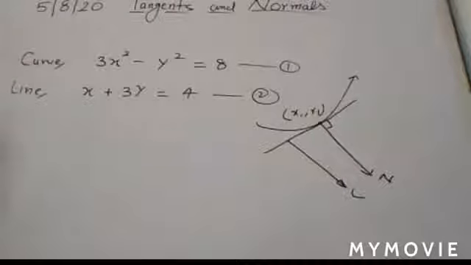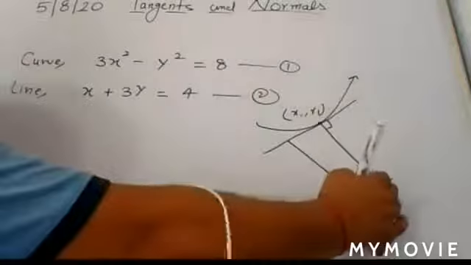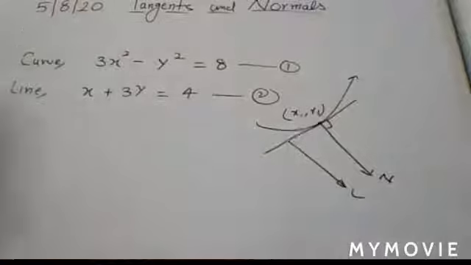That normal is parallel to the line, so the slope of line and the slope of normal are equal. In this way you have the relation between x1 and y1. First of all, you try to find the values of x1 and y1, and if they are known, you can very easily find the equation.